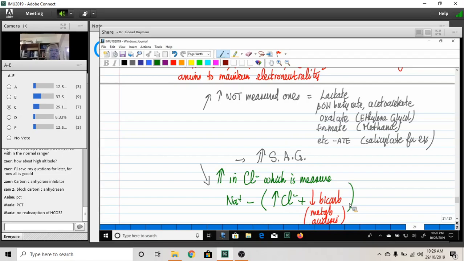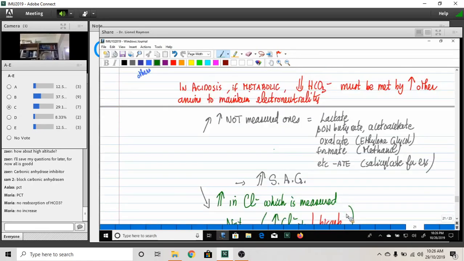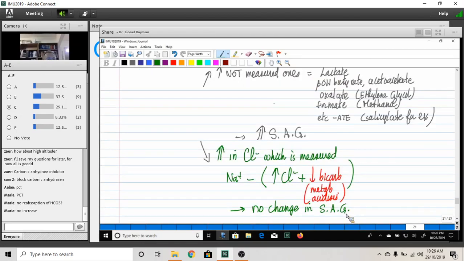So that allows you to split metabolic acidosis into two big families. The ones where the low bicarb is associated with elevation of an anion that we don't measure, so it increases the serum anion gap, or the one where the anion that is increased happens to be chloride, then we call it a hyperchloremic metabolic acidosis, and in that setting, there would be no change in the serum anion gap.